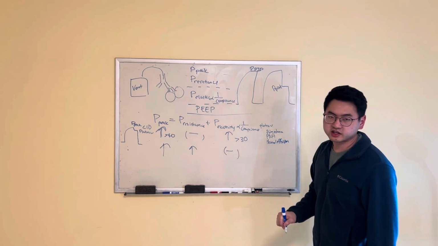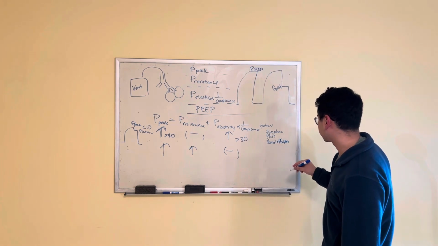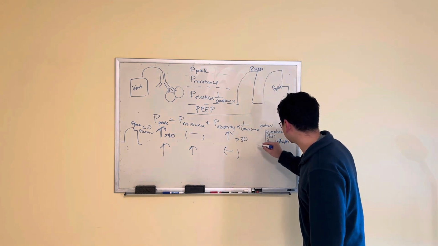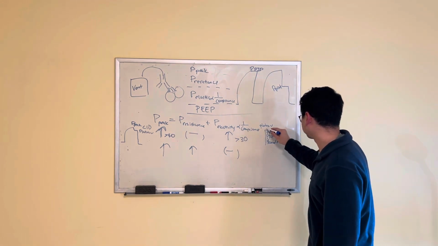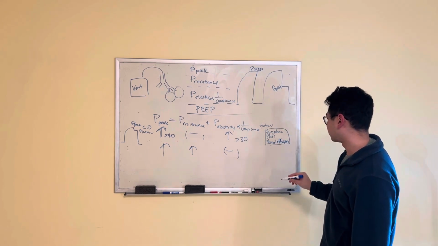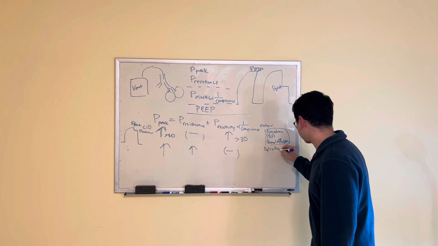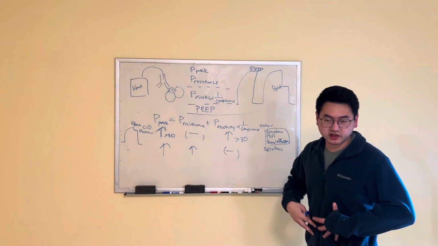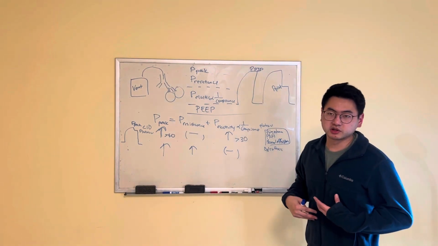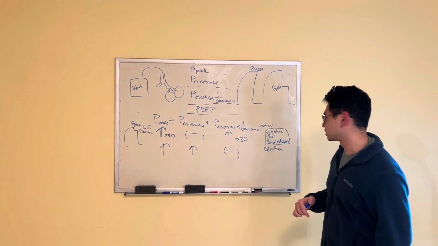The other things that we would look for are extrathoracic and intrathoracic causes. Extrathoracic causes are stuff that push the lung from below, such as abdominal compartment syndrome and ascites.